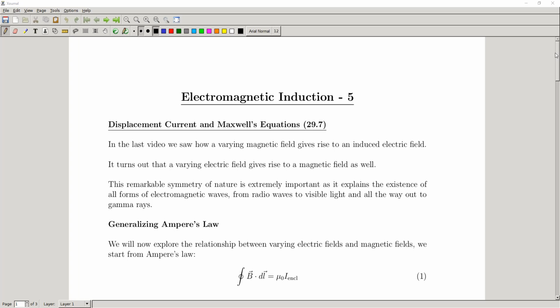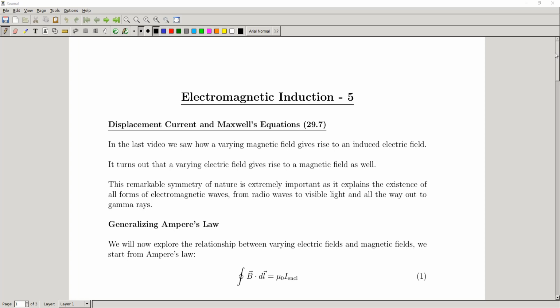Okay. So in the last video we saw how varying a magnetic field can give rise to an induced electric field, right? It also turns out that varying an electric field is going to give rise to a magnetic field. Okay, and this is a really important sort of symmetry of nature.